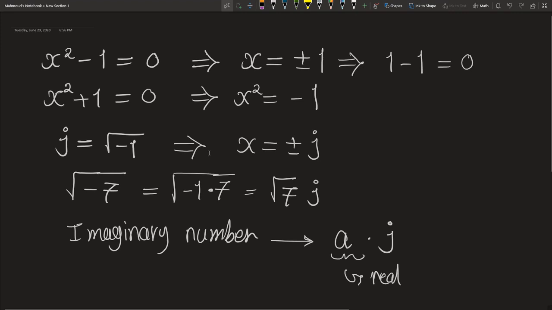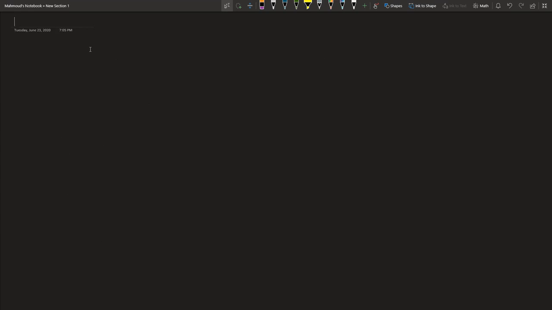Having introduced this new quantity, let us see how useful it is. Let us try to see if we can solve all equations using this, or we can express solutions to polynomial equations using this new quantity.